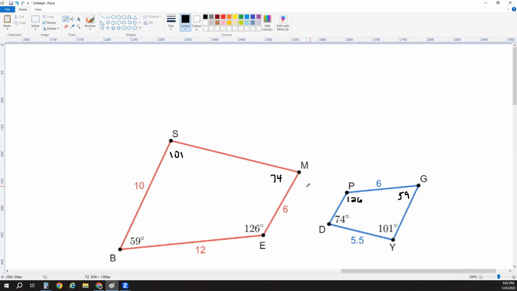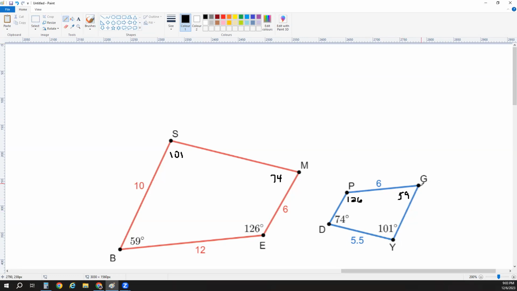Okay, now we got to figure out which ones are lined up with them. Maybe I'll just line it up like this.